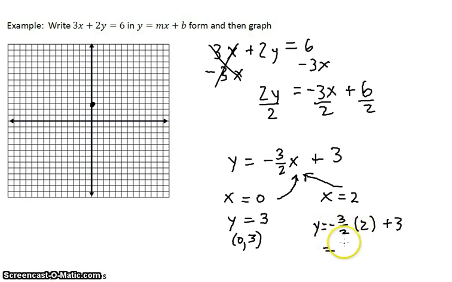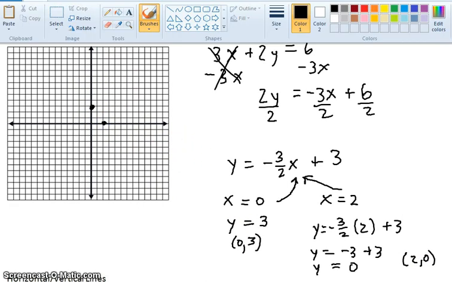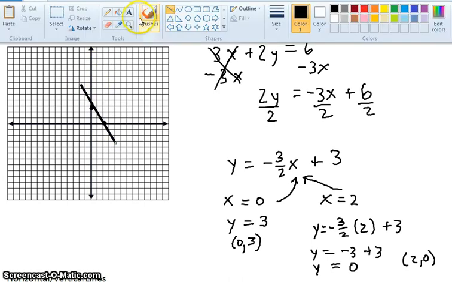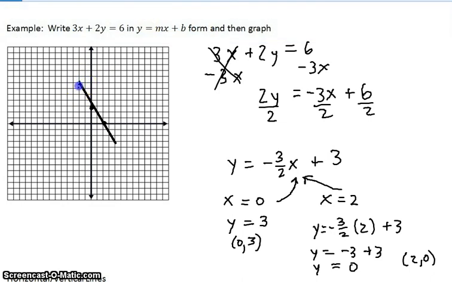Negative 3 halves times 2 is a negative 3, plus 3 is going to give me y, and y is going to be 0. So my second point is 2 comma 0. So there's my second point. I have 2 points on my graph. I'm going to connect these 2 points, and there is my graph right there.